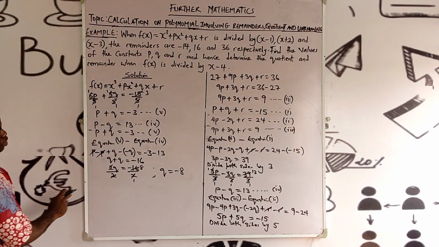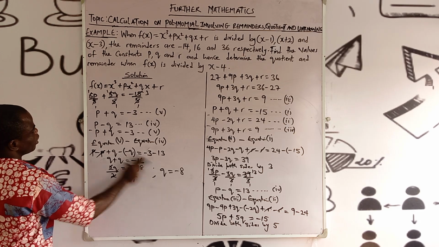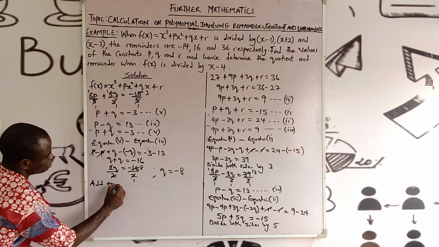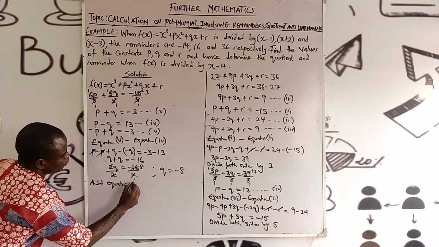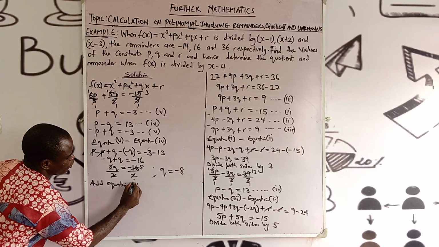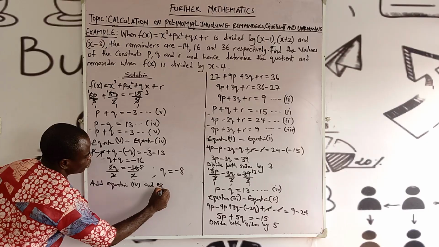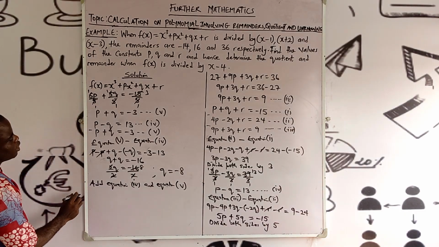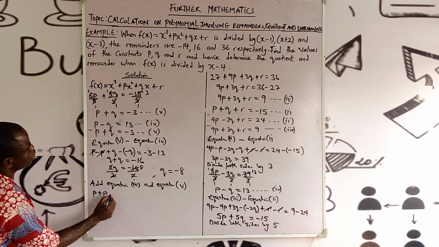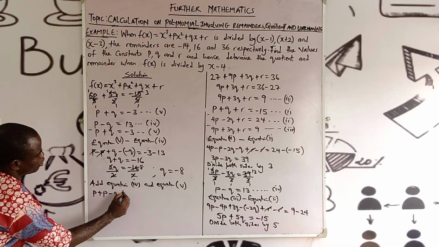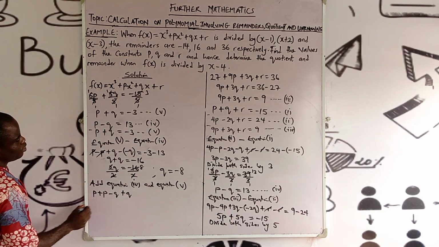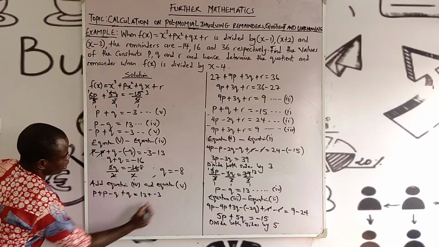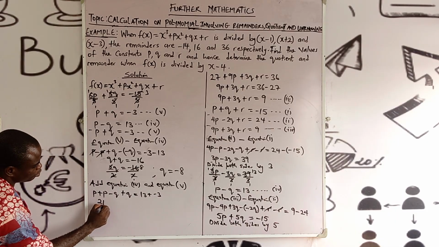Now let's substitute our q. You can even add equation 4 and equation 5 so that this one will cancel out. When you do that, you now have p plus p minus q plus q equals 13 plus minus 3. p plus p will be 2p.